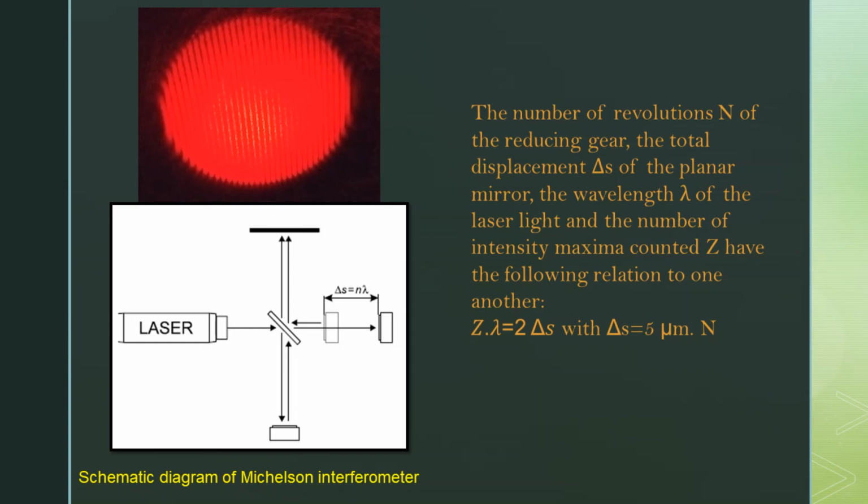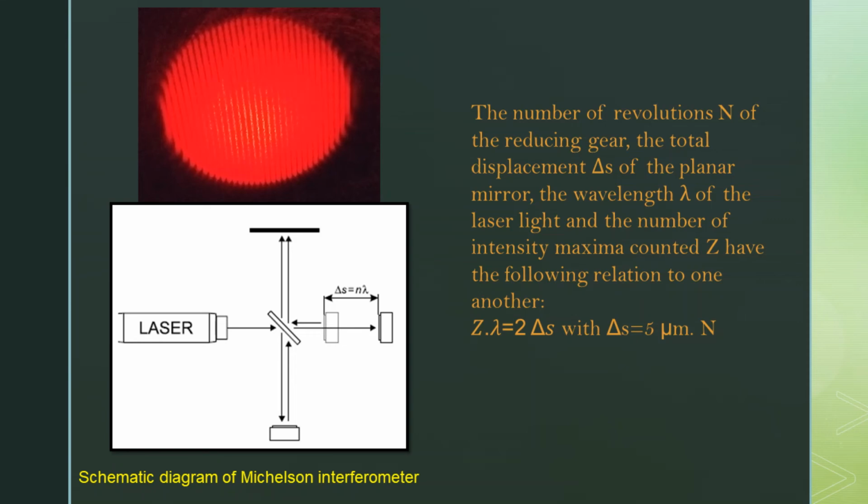So when there are N revolutions of the reducing gear, the displacement will be 5 micrometers multiplied by N. Now suppose the wavelength of the light is lambda, and capital Z is the number of counted intensity maxima at a particular point on the screen.